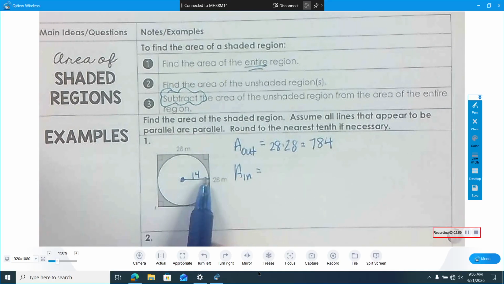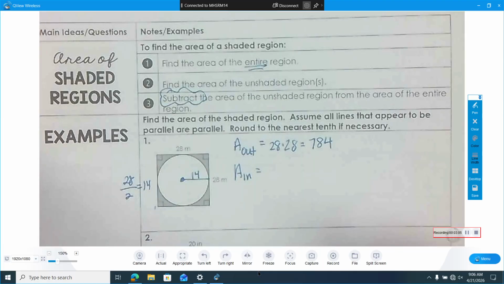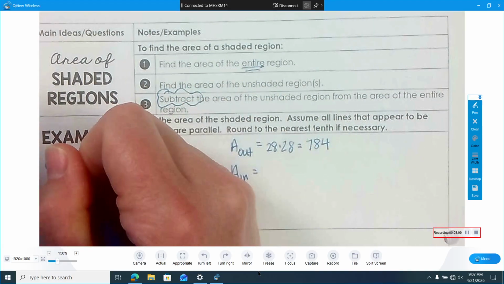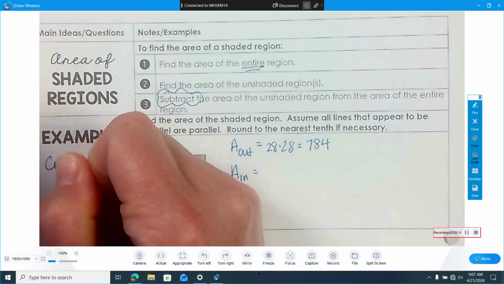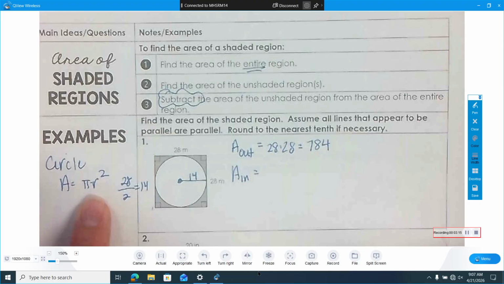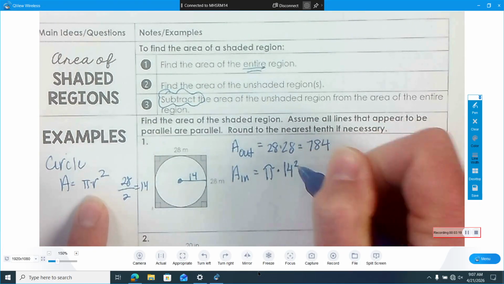The whole thing is 28. We want half, which is 14. So we did 28 divided by 2, and that gets me my 14 for my radius. The formula for the area of a circle is pi times radius squared. So we're doing pi times 14 squared.